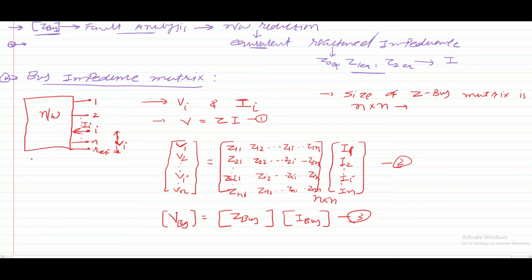So from this network, or from figure number 1, I will directly write down the voltage equation in matrix form. I hope you have understood the generalized equation, or equation number 3.